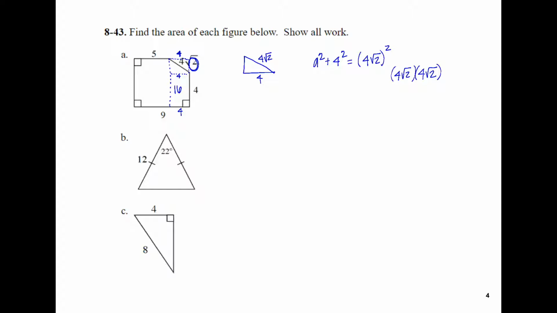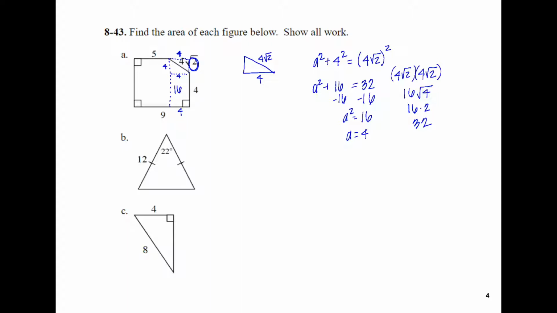Multiply what's on the outside: 4 times 4 is 16. Square root of 2 times square root of 2 is 2. 16 times 2 is 32. So 32 is equal to 16 plus a squared. Subtract our 16, a squared is equal to 16. We get a, or the missing side, is also equal to 4.